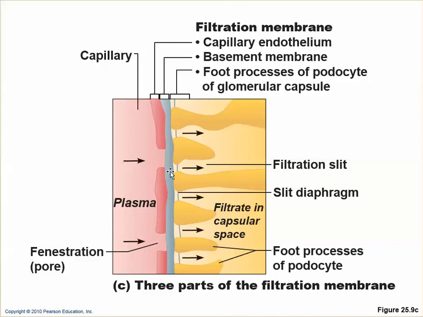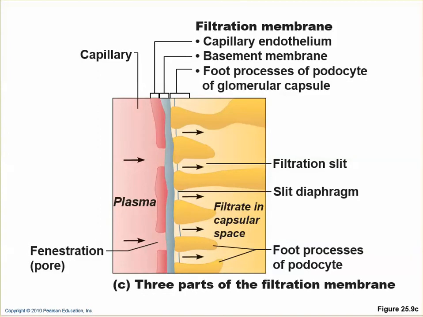So liquid has to pass through these three parts. And the thickness of it and the size of the pores are major factors in how much filtrate gets produced. That plus the hydrostatic pressure, the blood pressure in here, and osmotic pressures that draw back, really control how much filtrate is formed.